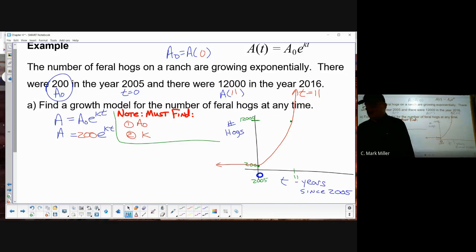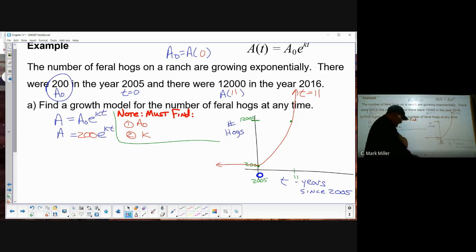It turns out that if those 2 points are not at the same level, they don't have the same y value, or they're not above each other, they don't have the same x value, if those two things are true, then there is exactly one exponential function that goes through these 2 points. There's only one.